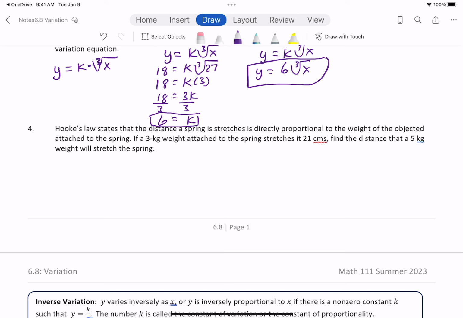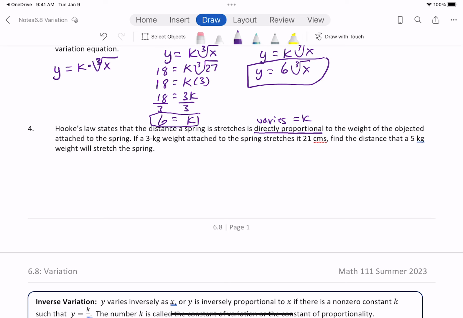Alright, the last one of these that we're going to look at is an application that we can use with this direct variation. This says Hooke's law states that the distance a spring stretches is directly proportional. And remember, these words directly proportional are exactly the same as the word varies.